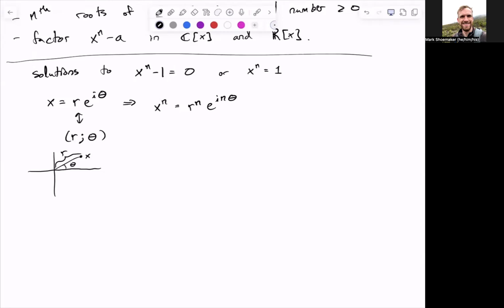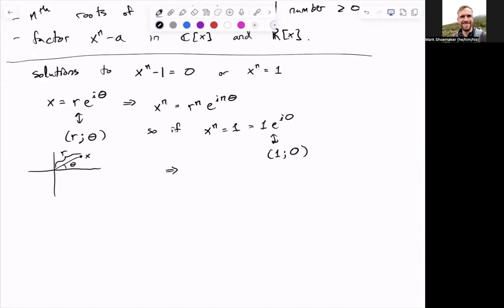So if x to the n is equal to 1, then we could write 1 in polar coordinates. This is 1 e to the i 0. In other words, its radius or its modulus is 1. Its angle is 0.